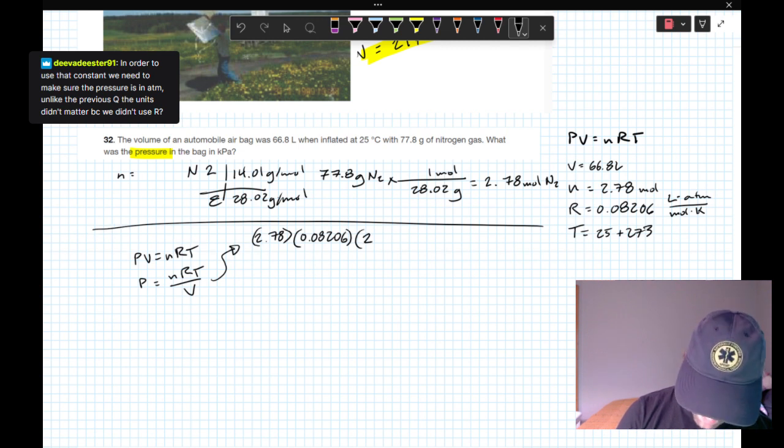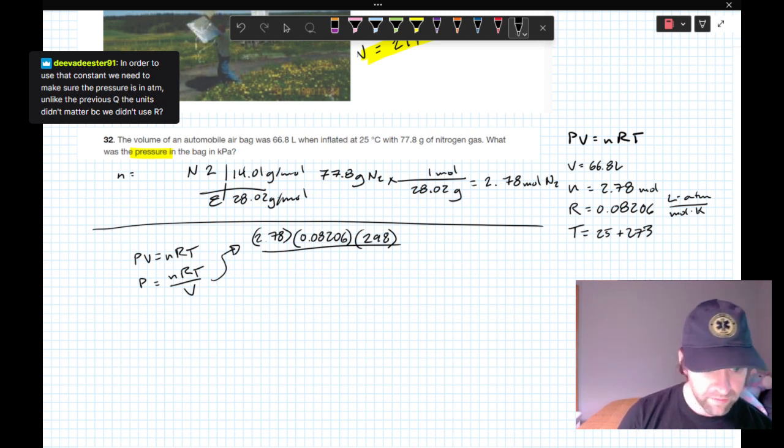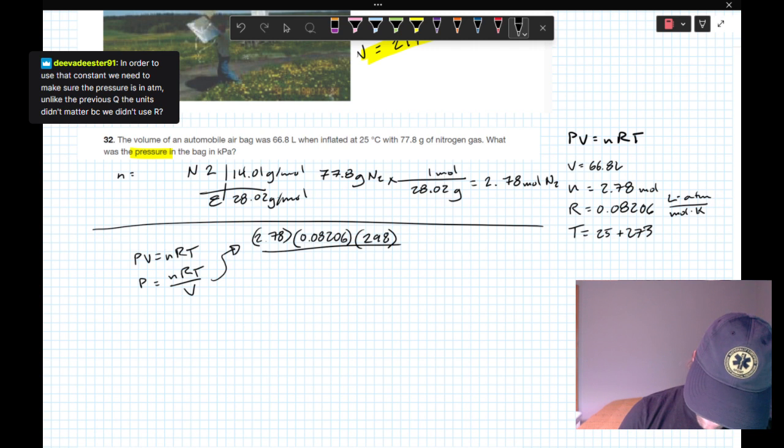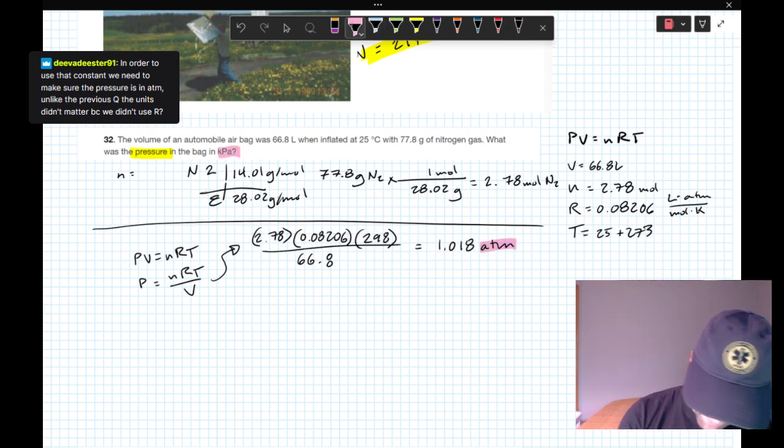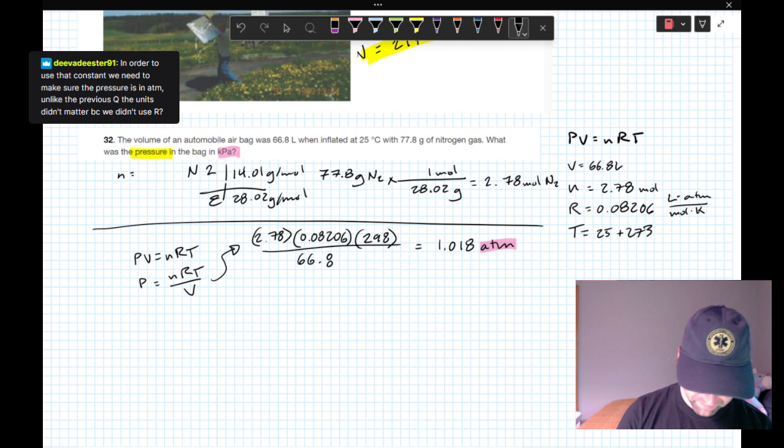Temperature was 298. All over a volume, 66.8 liters, which gives us a pressure of 1.018 atmospheres. We're not done. We need to get to kilopascals.